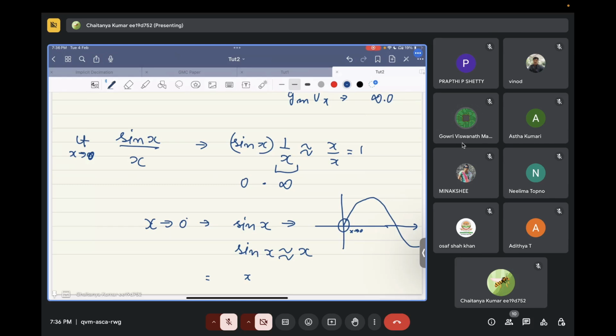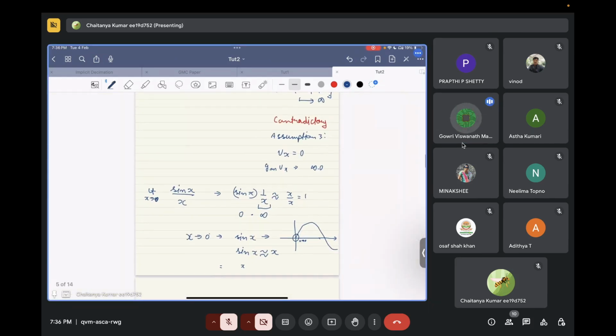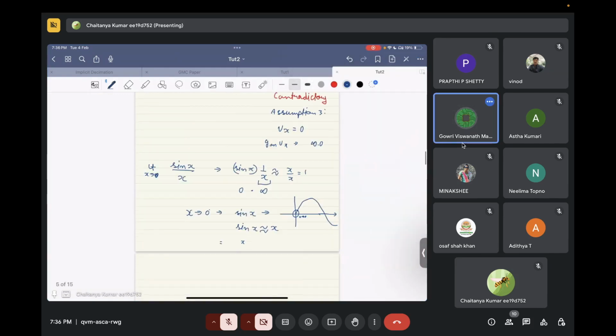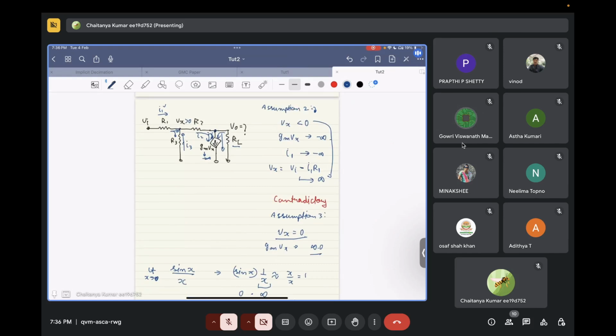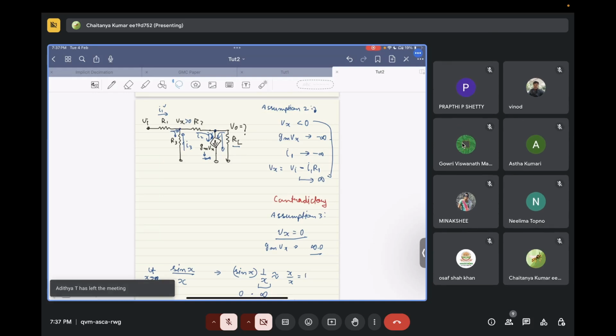Is this clear? Go on. So to find out what happens when Vx equal to 0, since it's 0 times infinity, we will have to see where the values of currents and voltage of the circuit approach to. This is how we will find out the current flowing through this current source and other values.